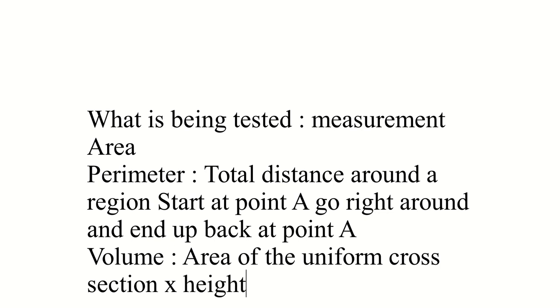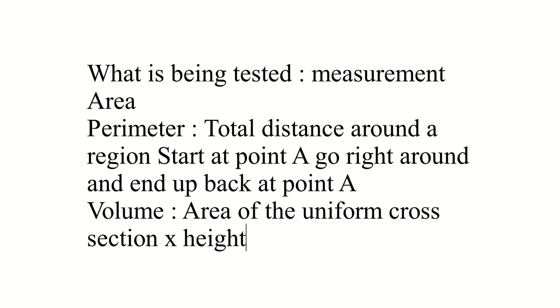So what you are looking at in these shapes is, if I were to cut this shape, would it be the same throughout? If I were to cut it horizontally at any region, would I get the same shape? That's what they mean by uniform cross section. If we cut it lengthways and you are not getting the same shape, then you know for a fact that this is not your uniform cross section.